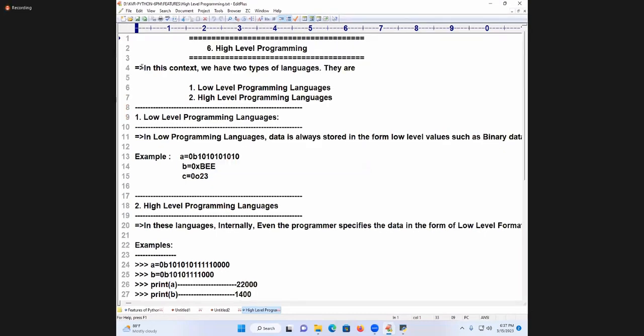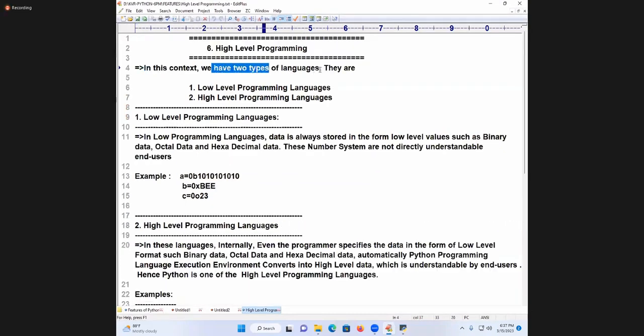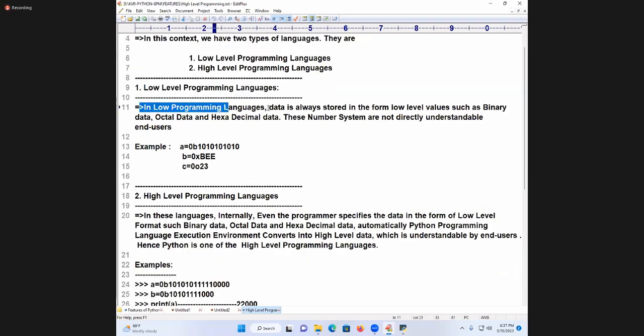Automatically you can understand. In this context, we have two types of languages. They are, number one, low level programming languages, and number two, high level programming languages. Low level programming languages, read out. In low level programming languages, data is always stored in the form of low level values, such as binary data, octal data, hexadecimal data.